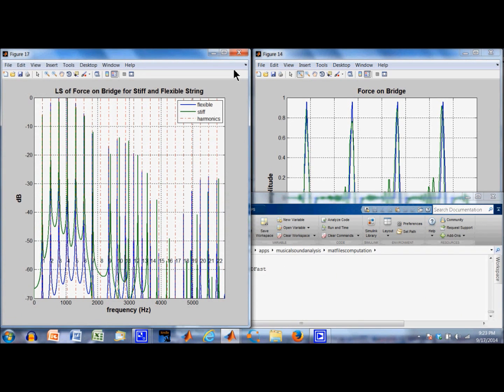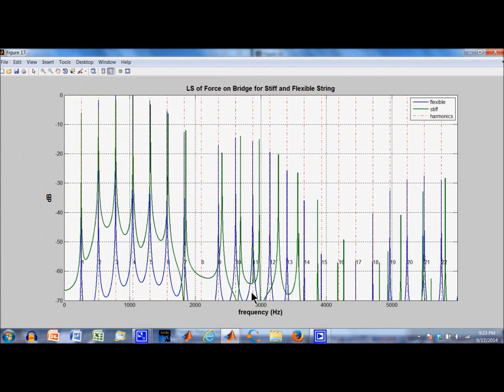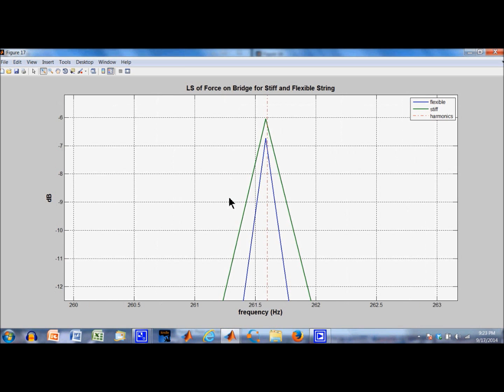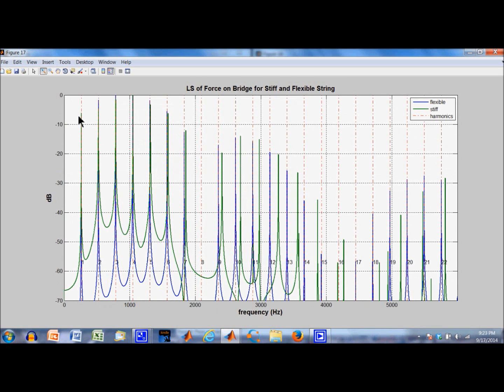Finally, let's take a look at the line spectrum of the force. The first peak here is located at the fundamental, which is at 261.6 Hertz. The two peaks pretty much are the same, at least given the resolution of the computation in this simulation. As the peaks get higher in frequency, you can see there's a separation here.